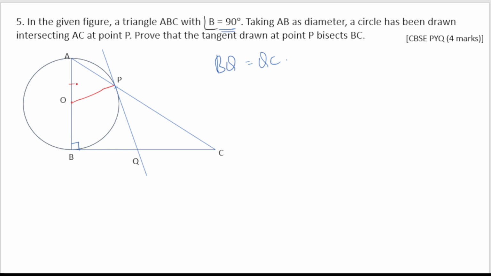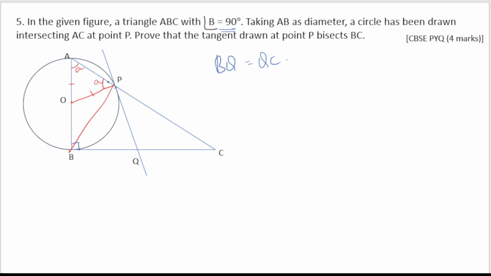See, OA is equal to OP and the angles opposite to equal sides are equal. So we will take this angle as A and this angle will also be A, right? And we will join BP. See here AB is the diameter and angle APB.